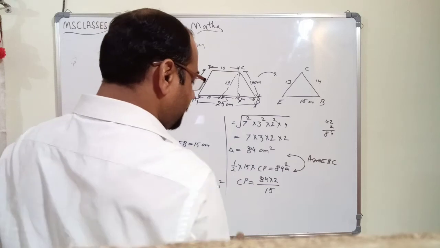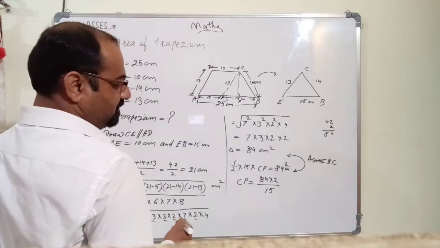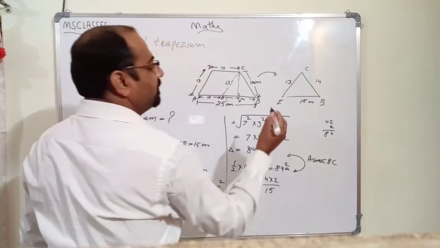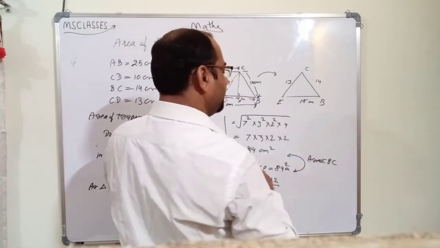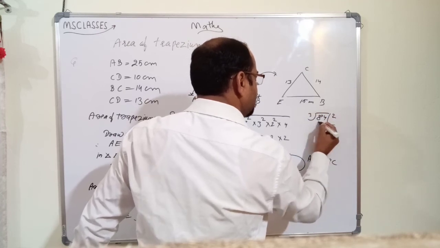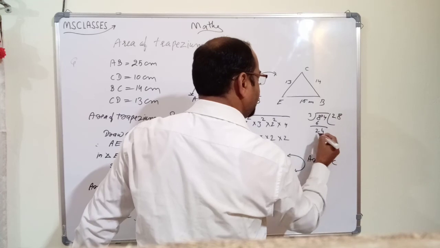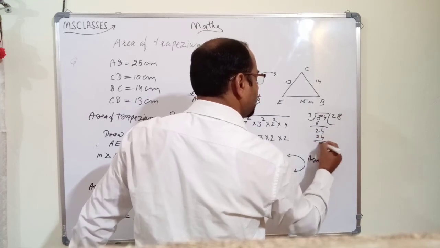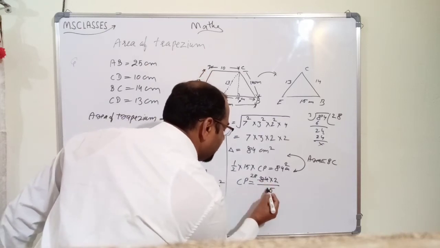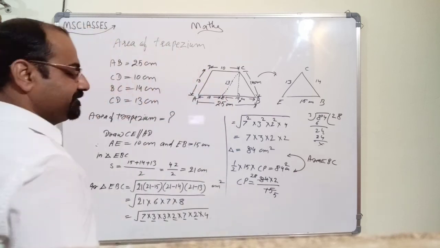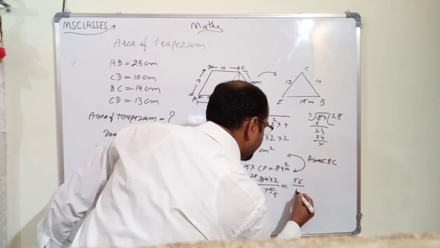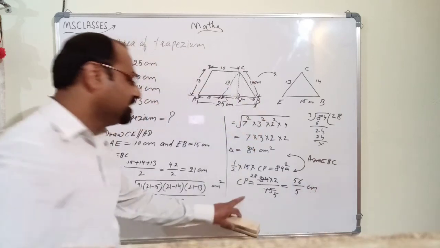Guys, now we divide by 3. When we divide 84 by 3, we have 28, 3 28s are 84. Here we have 28 and here 5. Okay, this is equal to 56 over 5 centimeter. This is CP.